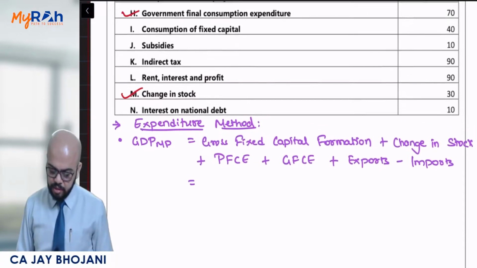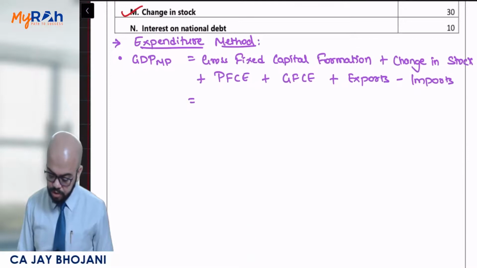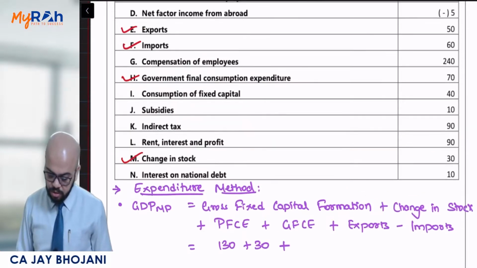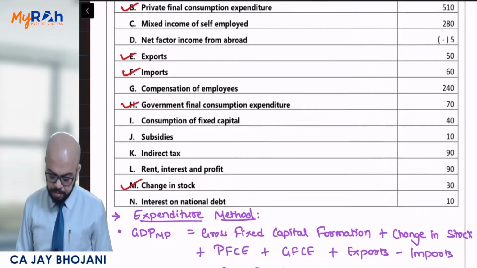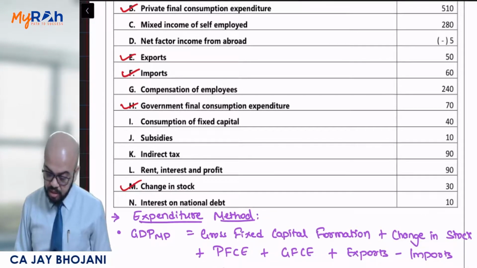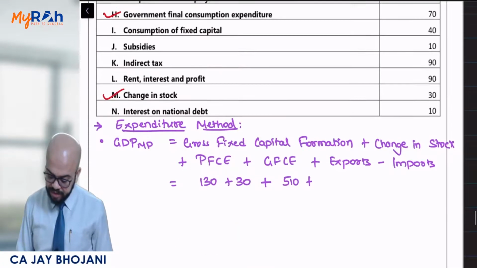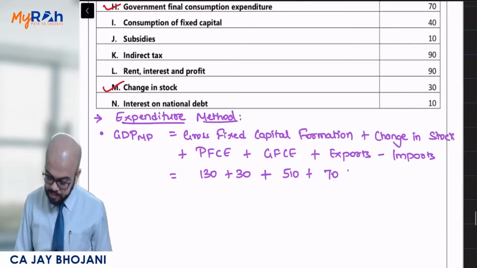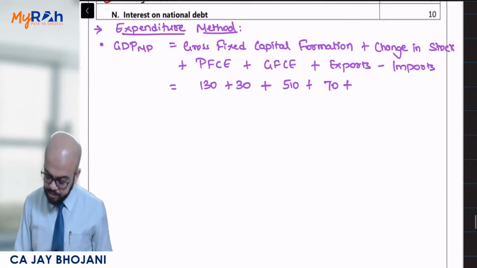Okay, so gross fixed capital formation was 130 and change in stock was 30. So 130 plus 30 plus PFCE, which is 510, GFCE is 70, exports 50 and imports 60.